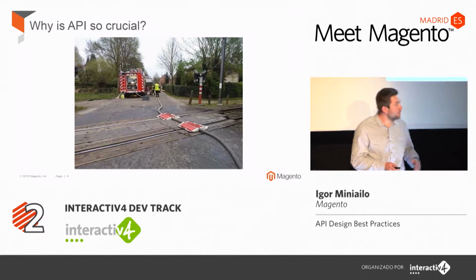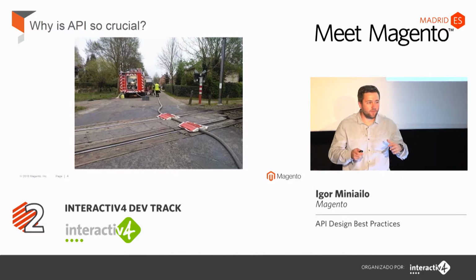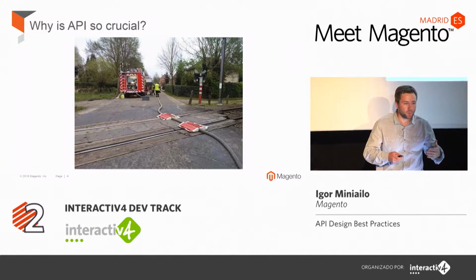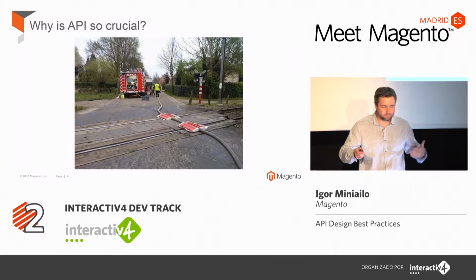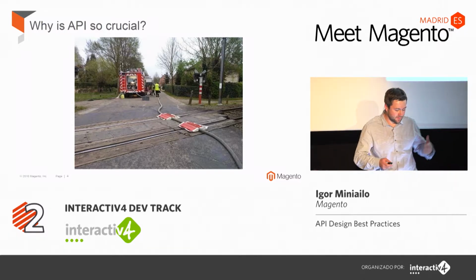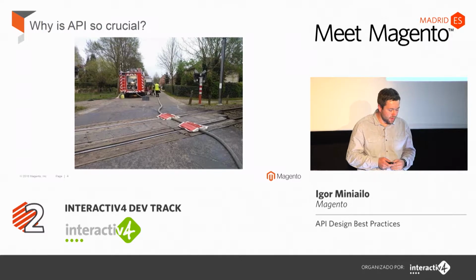Because, for example, here is a typical example of an API, where we have one system which will somehow operate and work with another system. Seeing this picture, probably your first impression is that these APIs are not good enough.